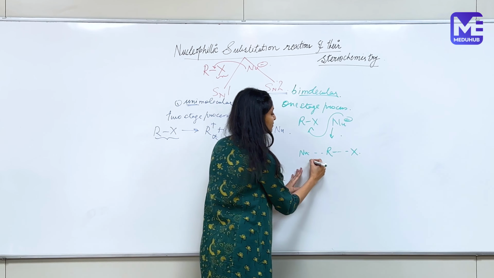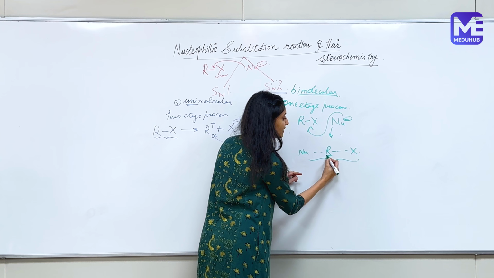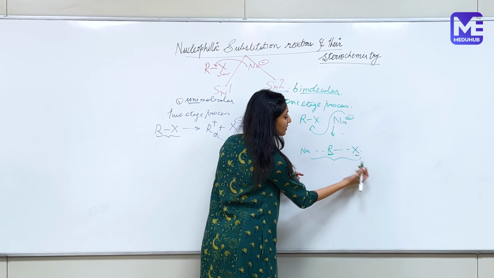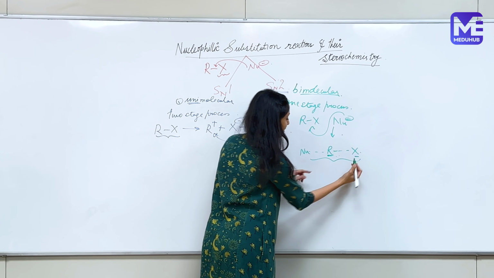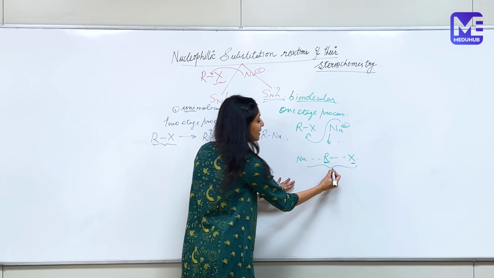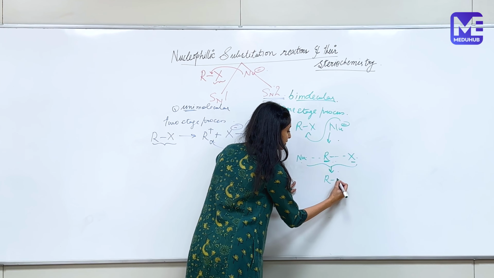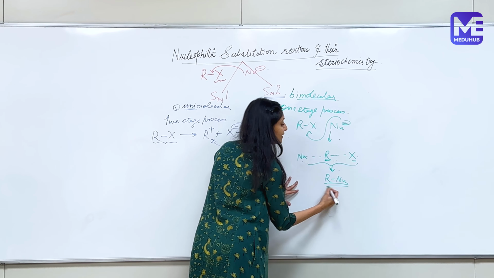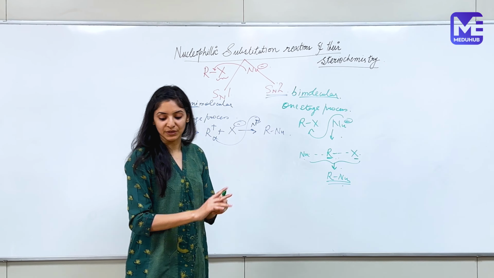What happens in this transition state? The bond between the carbon and the halide starts to weaken and the bond between the incoming nucleophile and the carbon starts to form, and we get the product. Let us discuss these, taking an example now.